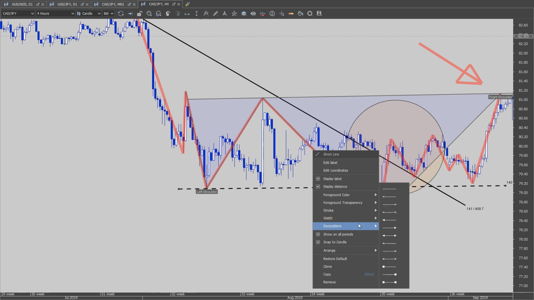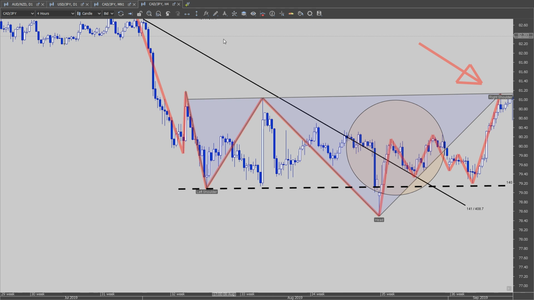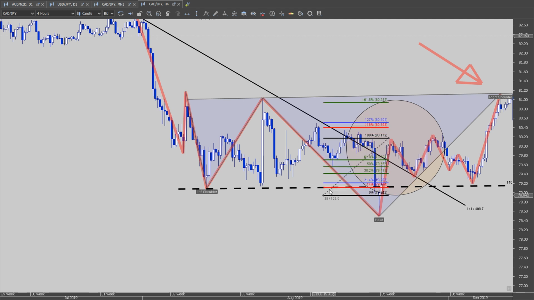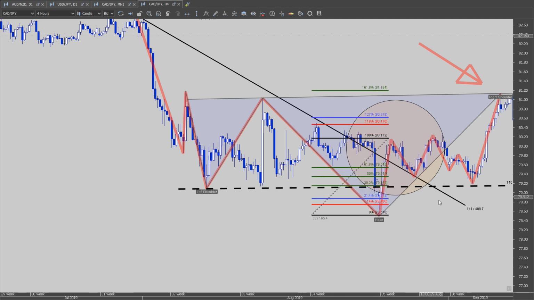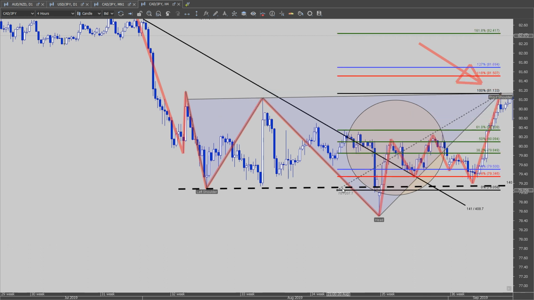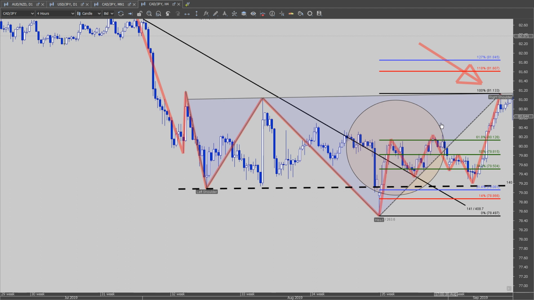Okay, there you go. And let's draw a Fibonacci on the crown. So I'm not going to draw the Fibonacci here. This would be a mistake. I'm going to draw a Fibonacci on the crown. Okay, so this is now the Fibonacci. Okay, and let's see what is going to happen.